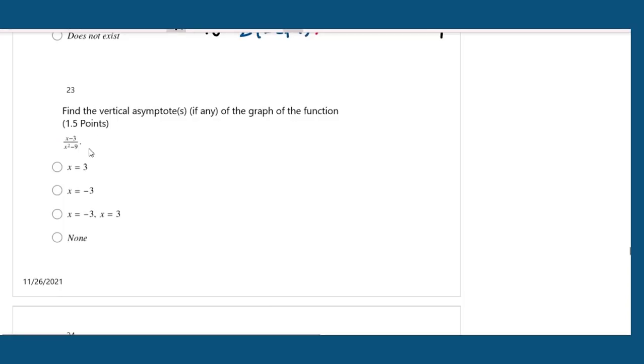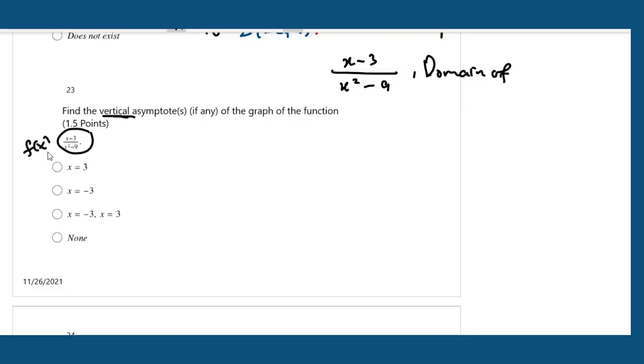Number 23, find the vertical asymptote, if any, of the graph of the function given. Given is (x minus 3) over (x squared minus 9). First thing, find the domain. Let's say this is f(x).